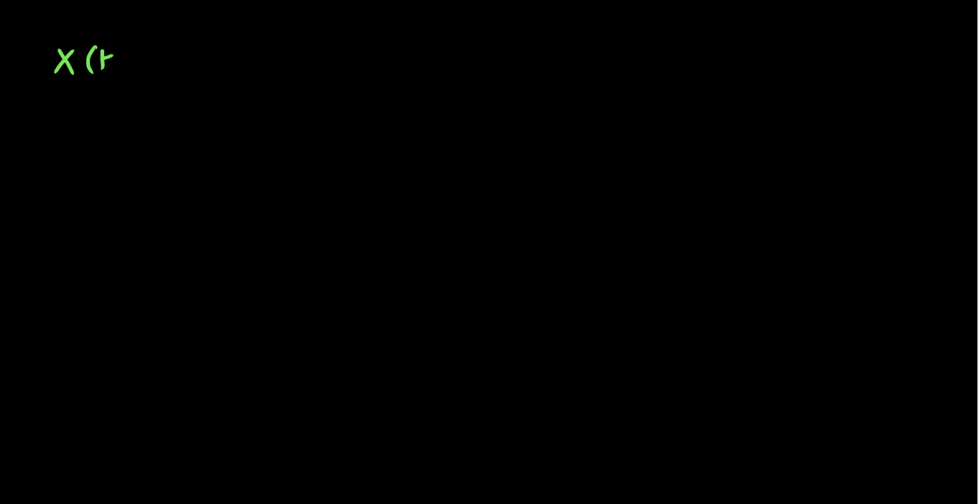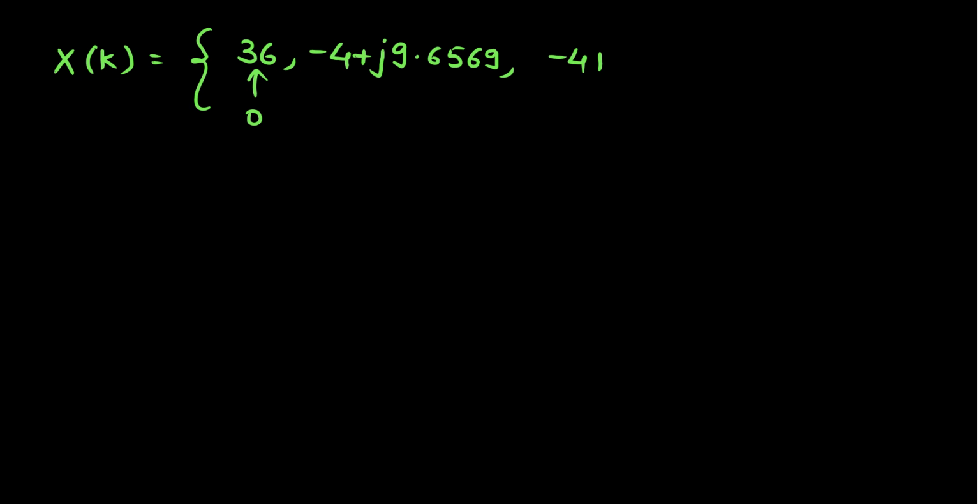So therefore, what we obtain is x of k is equal to 36, which is located at k equal to 0. Then the second point, that is x of 1, is obtained as minus 4 plus j times 9.6569. Then we have minus 4 plus j4. Then we have minus 4 plus j times 1.6569. Then we have minus 4. Then we have minus 4 minus j times 1.6569.